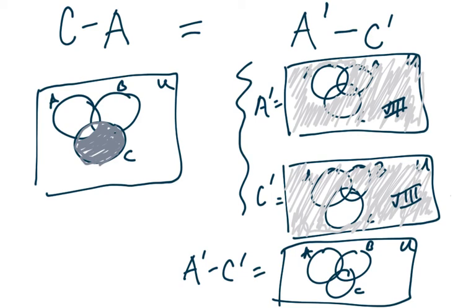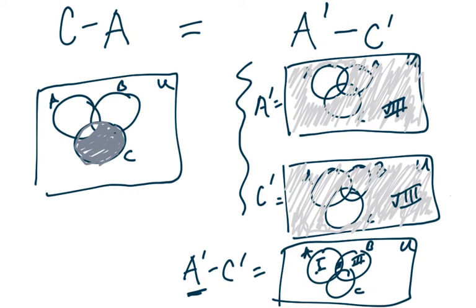Nothing in A is shaded, so nothing in A is going to be shaded here. So region 1 and region 2 down here will remain unshaded. Here region 3 is shaded, but we need to take away region 3, so region 3 is going to be unshaded. Here region 4 and region 5 are unshaded, and they're unshaded here, so we're taking away nothing from nothing.